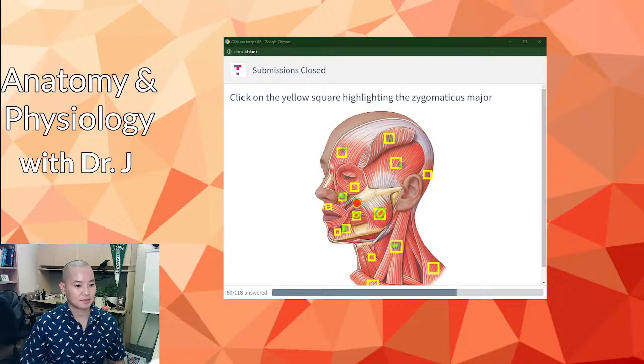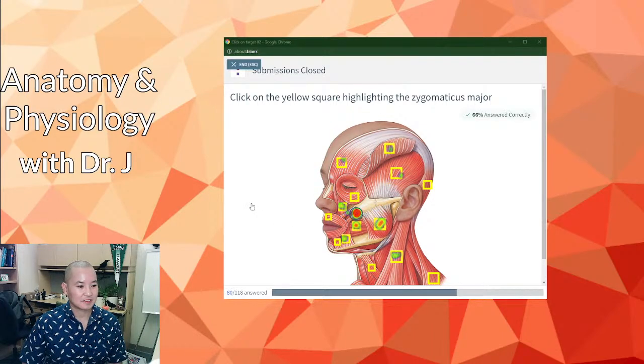Okay, the most common responses, let's see the heat map. Most of you clicked this one over here, some of you clicked over here, some over here. The correct answer is this one over here.